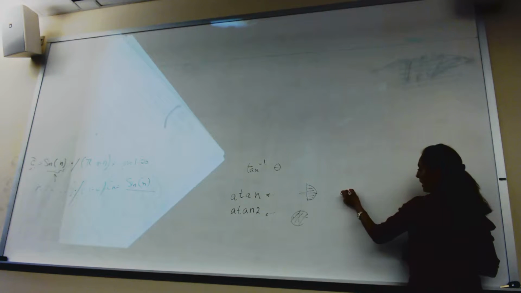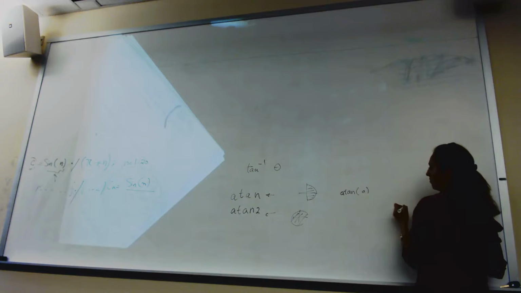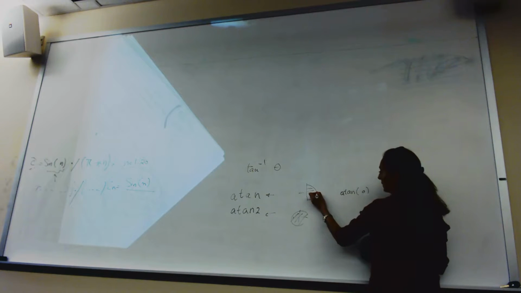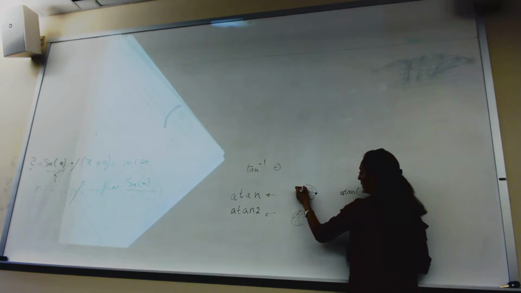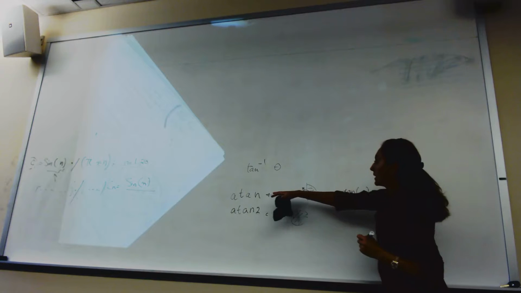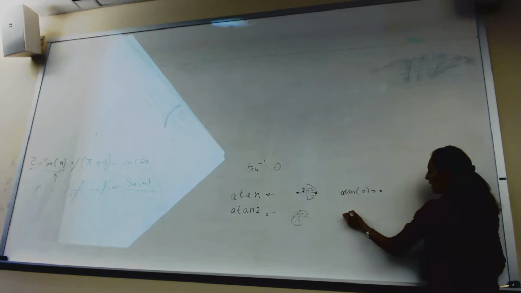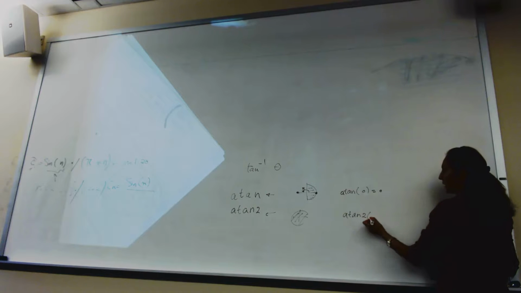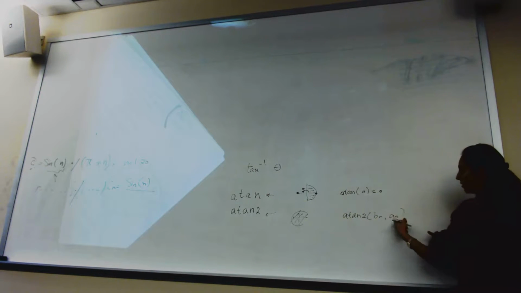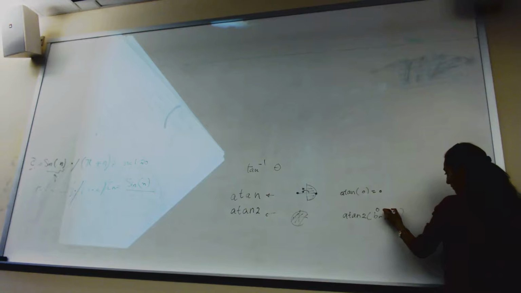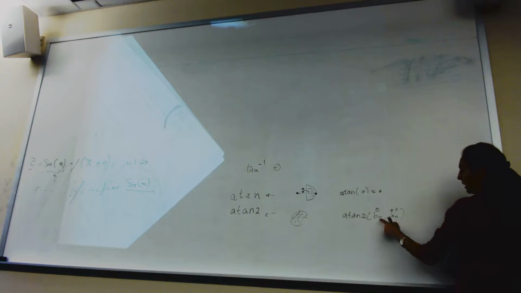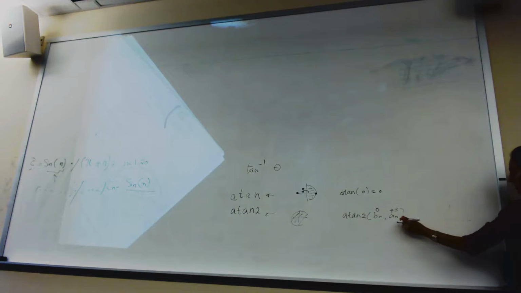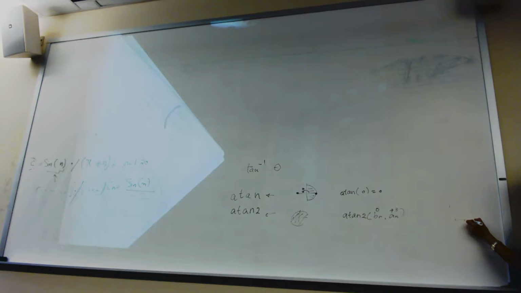If you say atan of 0, what is the angle whose tangent is 0? It's going to give you 0. However, we also have pi, because the tangent of pi is also 0. So atan never gives you pi. But if you say atan2, it takes bn and an. If you set bn as 0 and put any positive value for an, let's say positive 2 or positive 3, it looks for a point where an is 3 and bn is 0, and the angle there is 0.